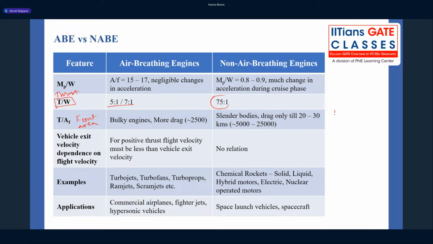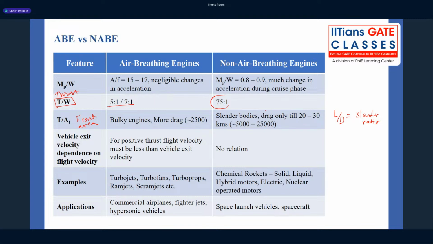Slender means, as we know, the length by diameter of any object is called the slenderness ratio. The length is much higher than the diameter of the rockets, so these are very slender bodies. Whenever they traverse the Earth's atmosphere, that is when drag is experienced by the rocket because of the flow of air coming in.